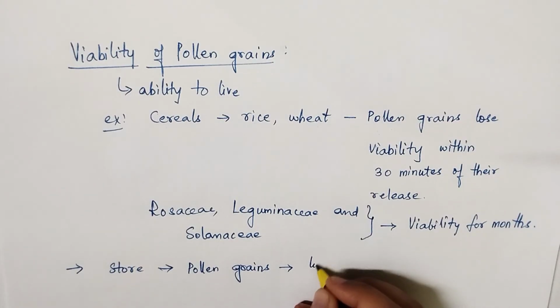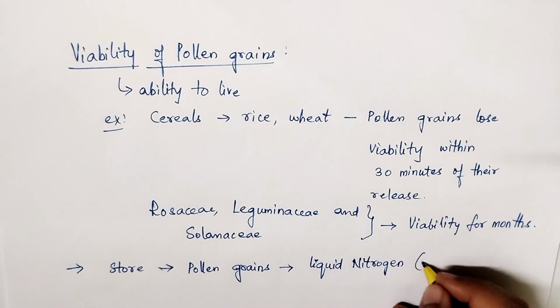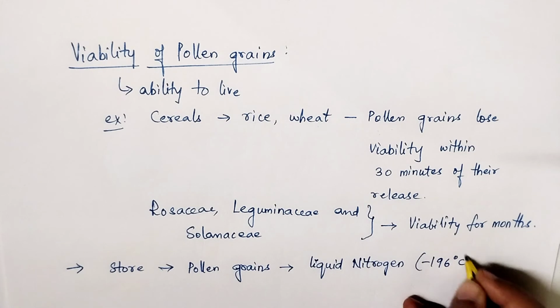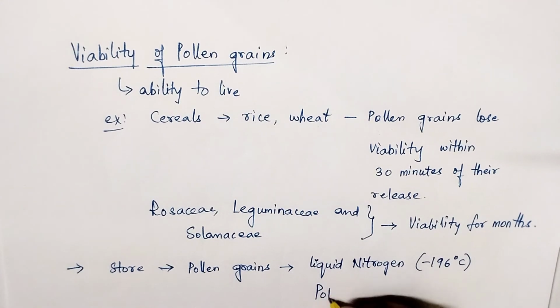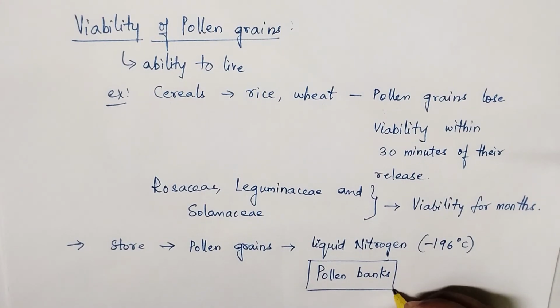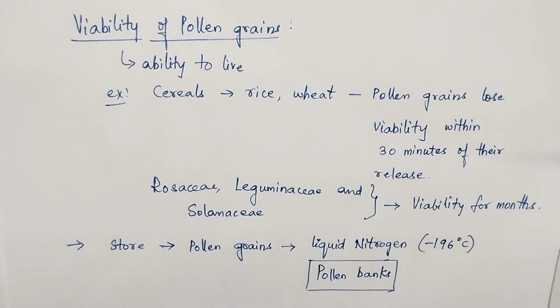And how is it possible? In liquid nitrogen, by maintaining a temperature of minus 196 degrees Celsius. Such stored pollen grains are called pollen banks. In the same way that seeds are stored and called seed banks, pollen is also stored and can be used for years as pollen banks.